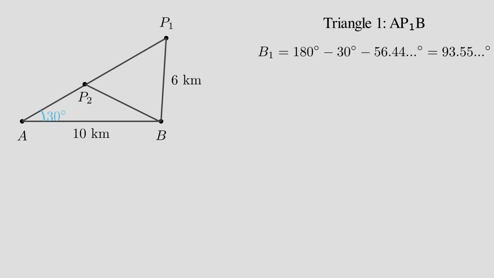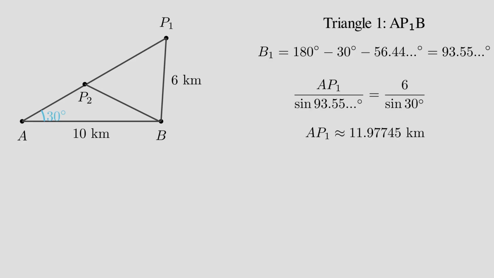Now, using the Sine Rule again, the distance from A to P1, or AP1, is 6 times sine 93.56 degrees divided by sine 30. This calculates to approximately 11.97 kilometers.